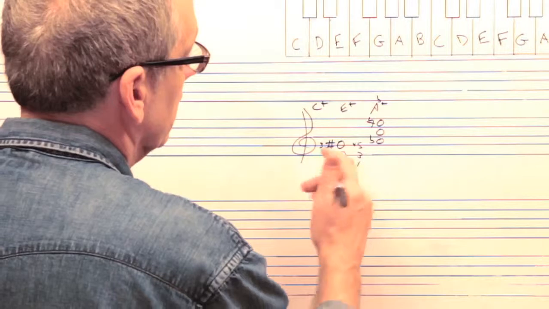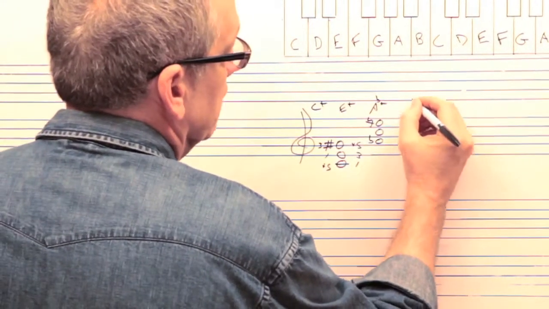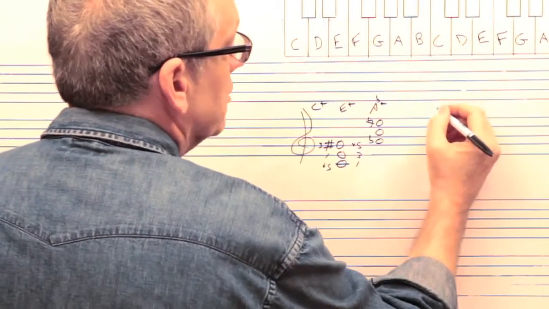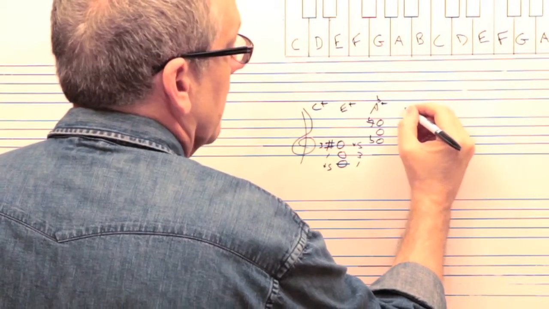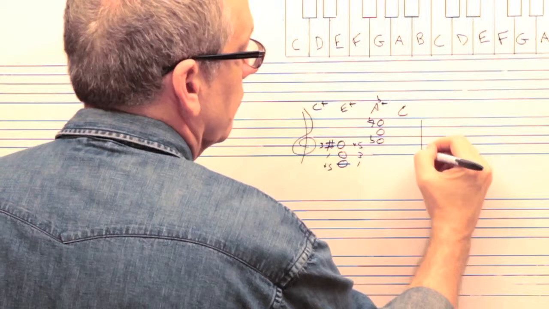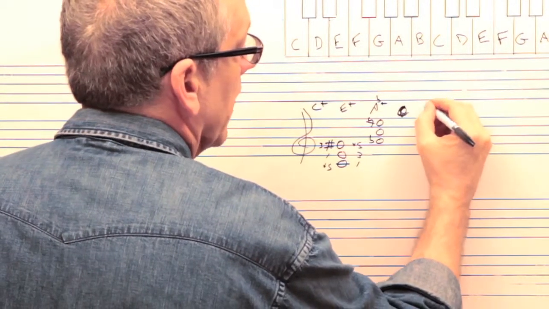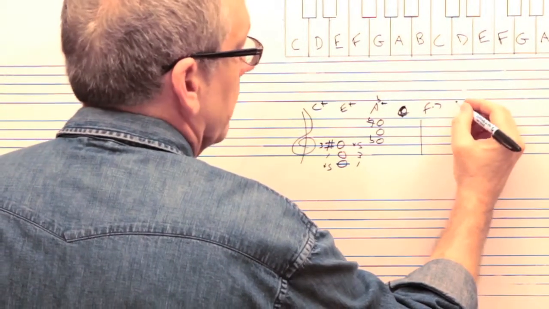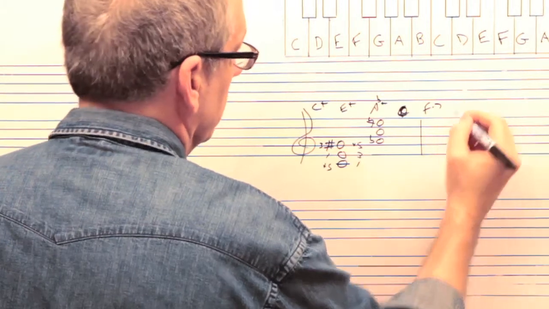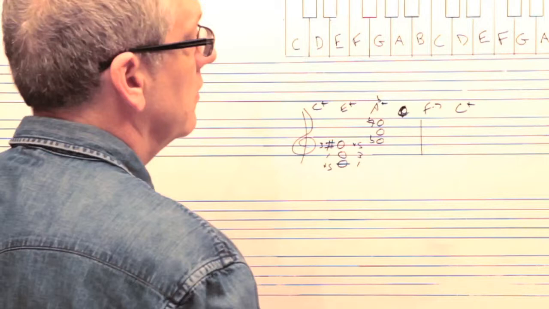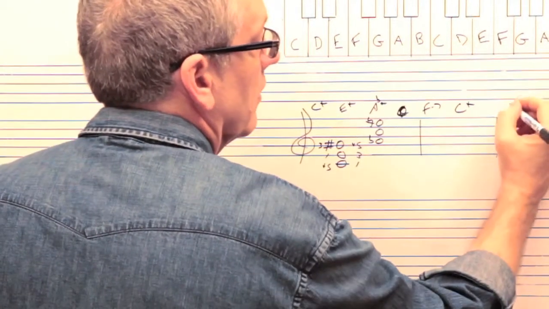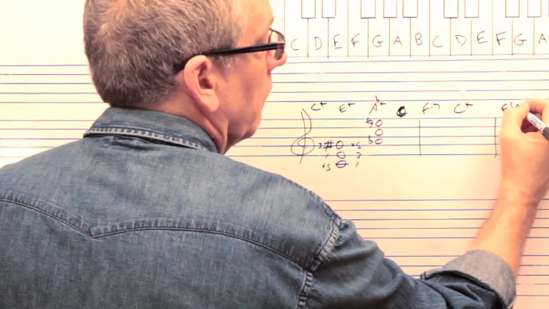But if you look at these, if we take this C, let's say we have F minor, and we have a C plus like that, and then we have an E flat or something.